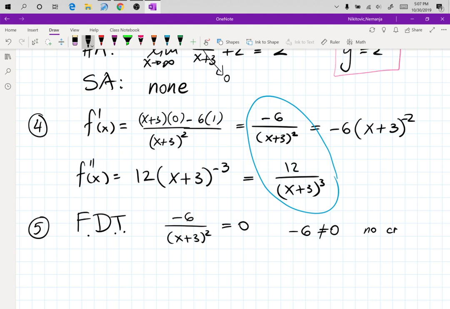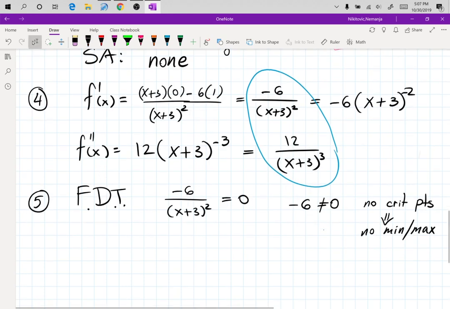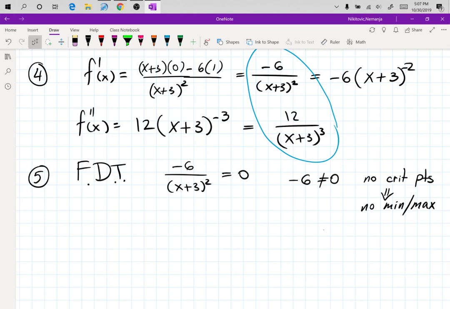So no critical points, which implies no min-max. Awesome. So we do the partition from negative infinity to positive infinity, and the partition is at negative 3 because that's where the vertical asymptote is.